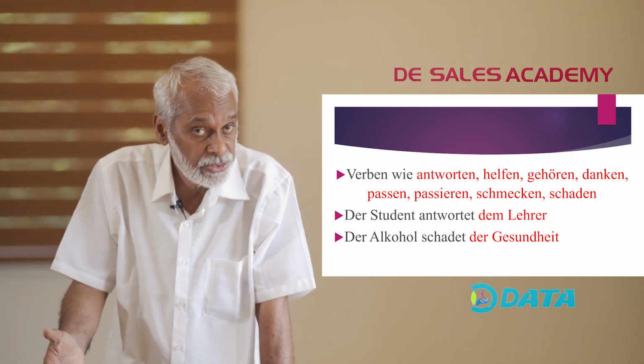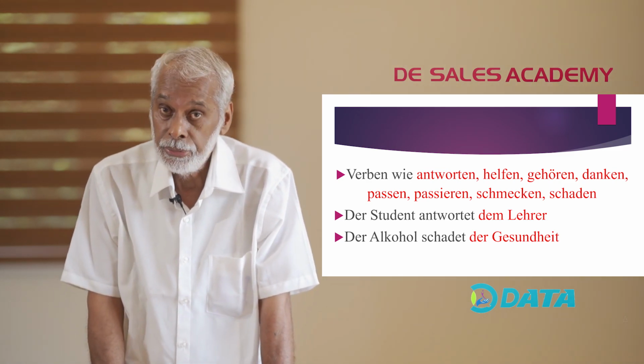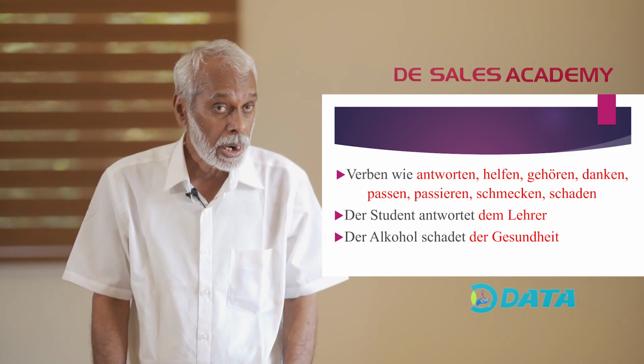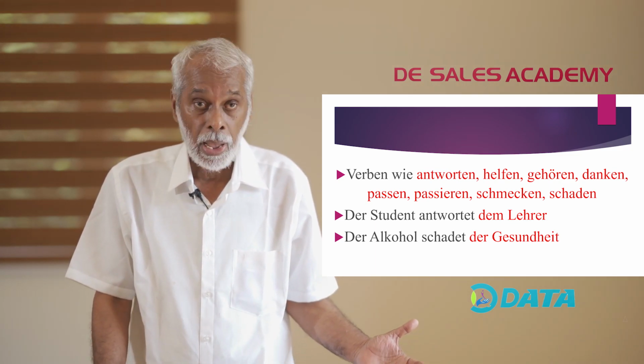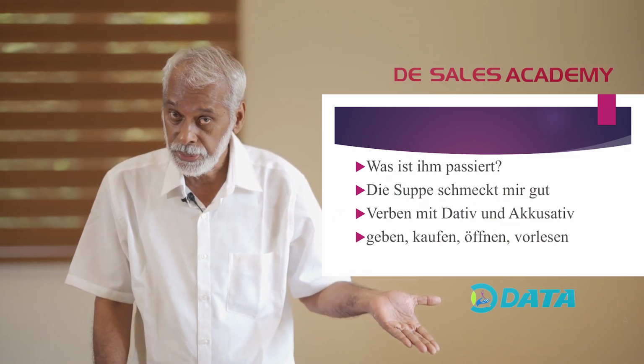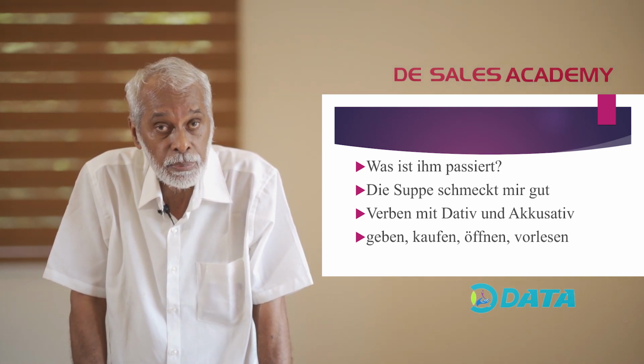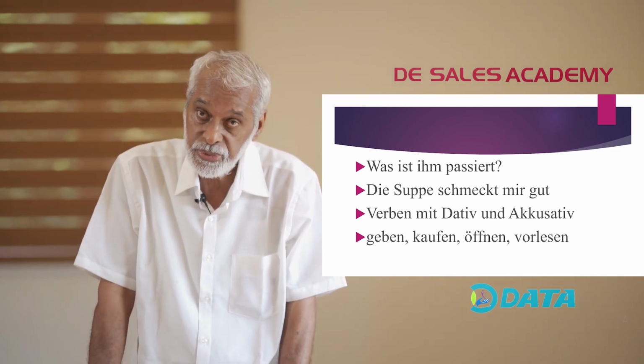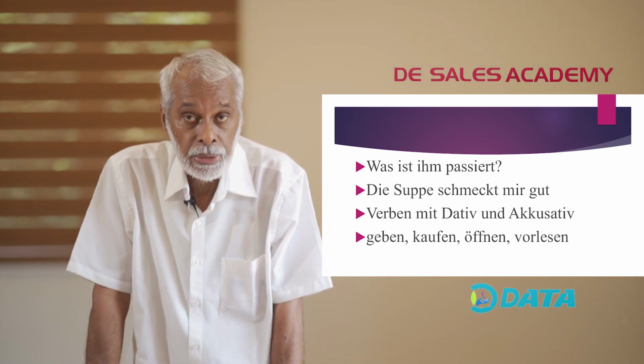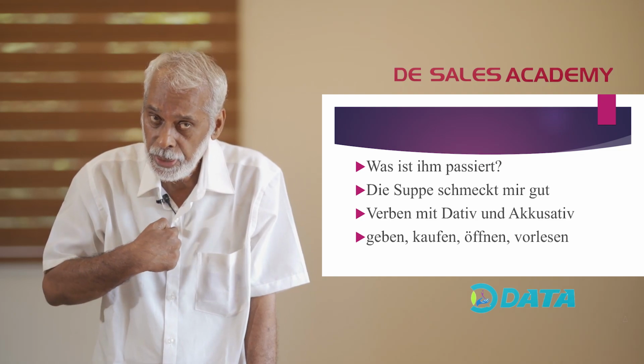Der Student antwortet dem Lehrer. The student answers the teacher. Der Alkohol schadet der Gesundheit. Alcohol spoils the health. Der Sohn hilft seiner Mutter. The son helps his mother. Das Auto gehört mir.